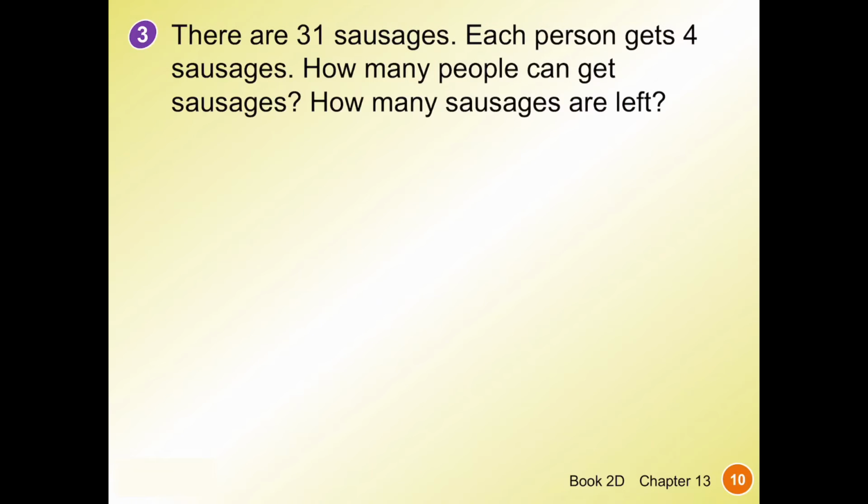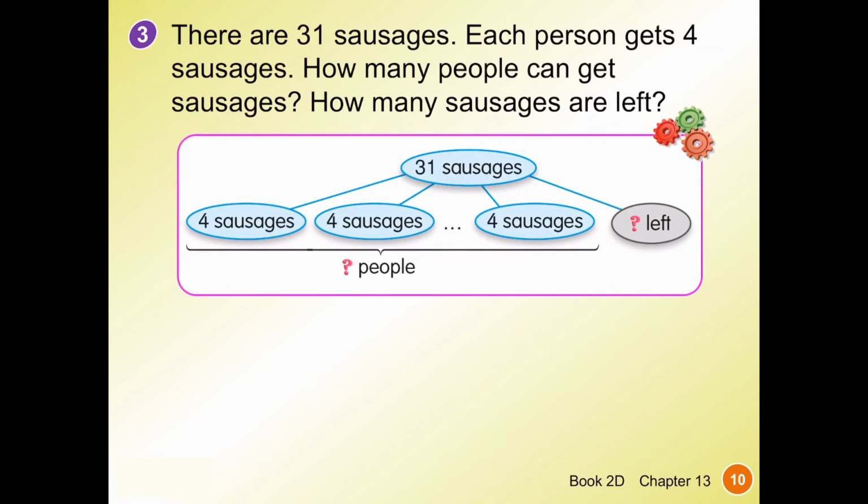Question number 3. There are 31 sausages. Each person gets 4 sausages. How many people can get sausages? How many sausages are left? So we have the total number of sausages, and we know that each person gets 4 sausages.